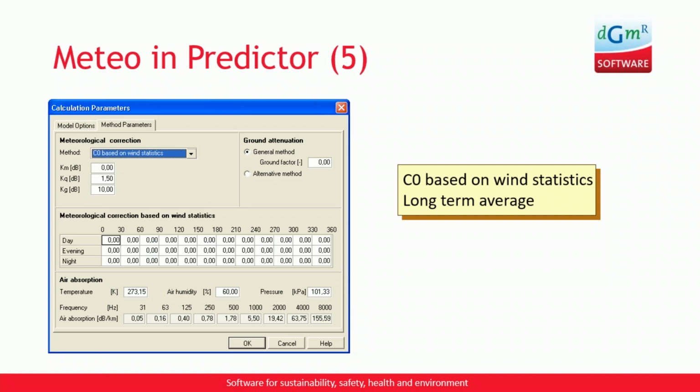Then there's also an implementation of the C0 based on wind statistics. That's also meant for a long-term average, because then you give a statistical occurrence of wind directions over the day, evening, and night per 30-degree angle steps.